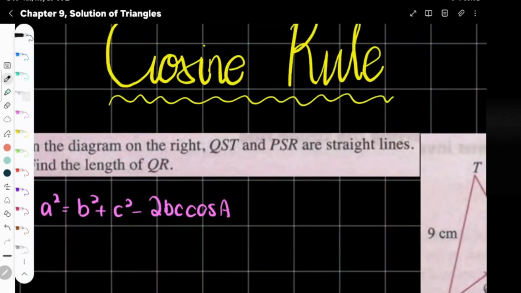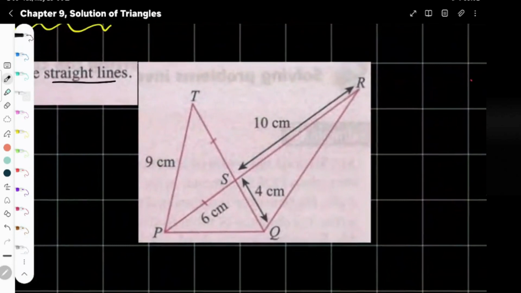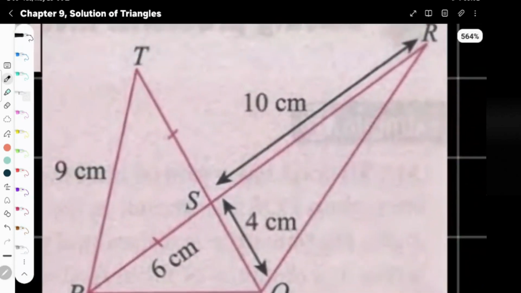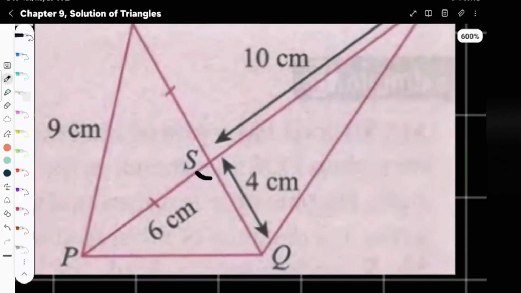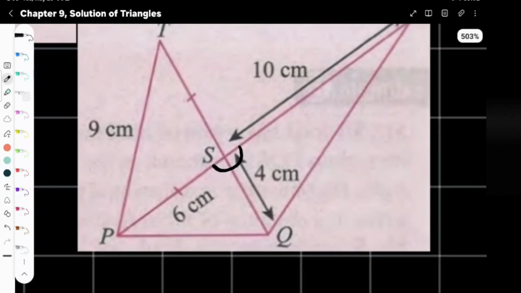Whenever you hear them mentioning something, think of it as important. Why do they mention straight line? Because a straight line can be involved with 180 degree. So this straight line here will be 180 degree, and this straight line here will also be 180 degree. So you have to think of the straight line possibility.